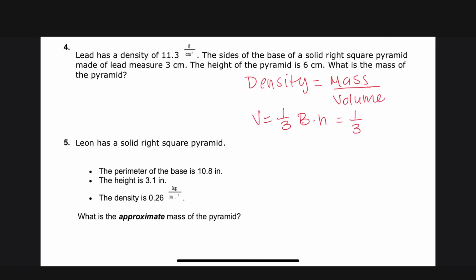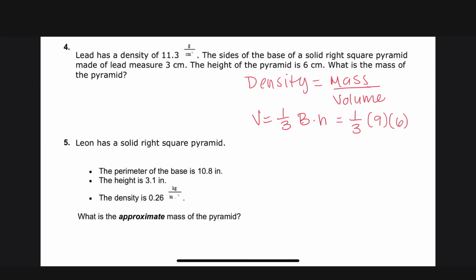The base area is going to be 3 squared, 3 times 3, which is 9. And the height is 6. So 1/3 times 9 is 3, and 3 times 6 is 18. So our volume is going to be 18 cubic centimeters.